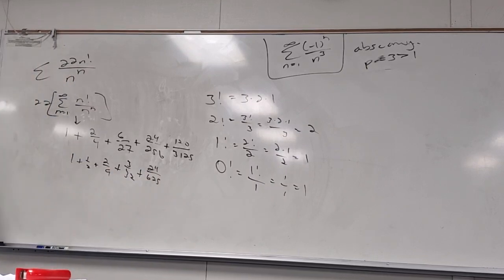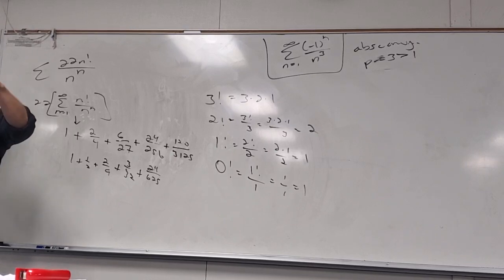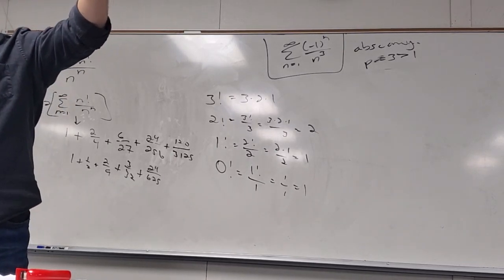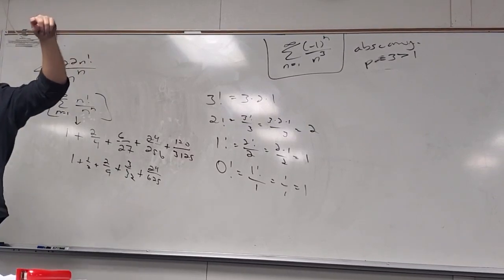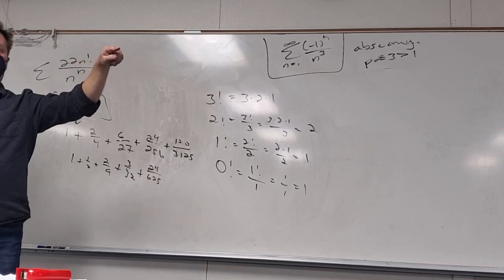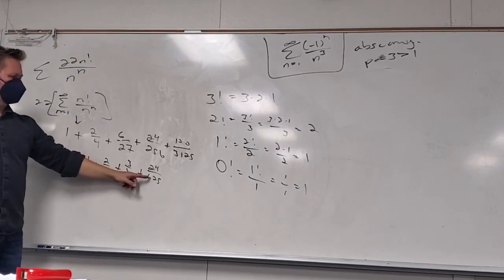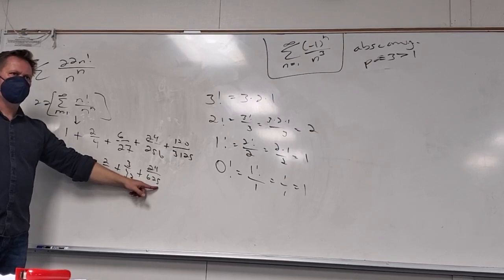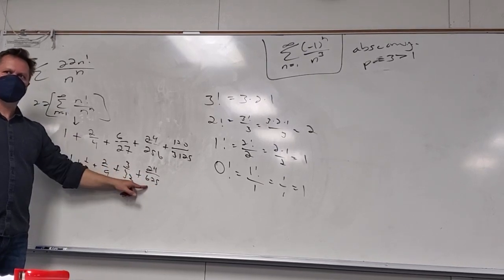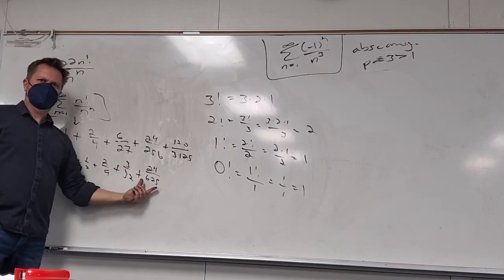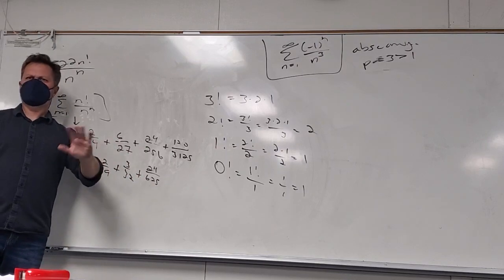Quick side note. Do you guys know how to tell if a number is divisible by 3? You add the digits, and if the digits sum to a number that's divisible by 3, the whole thing is divisible by 3. So I was like, okay, 2 doesn't go into there, obviously, but 3 might. But 6 plus 2 plus 5 is 13, which is not a multiple of 3. So 3 doesn't go into 625. You guys ever heard that?